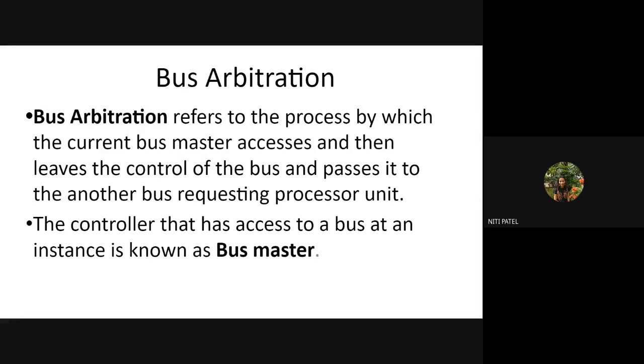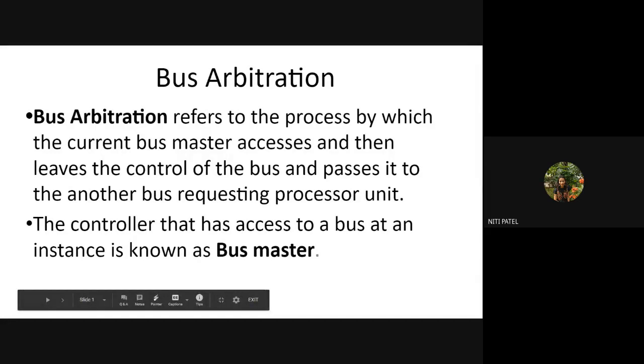Once that request is given and the grant is allocated, the system will be given the particular buses, and the system which requested and got those buses will be considered the bus master.